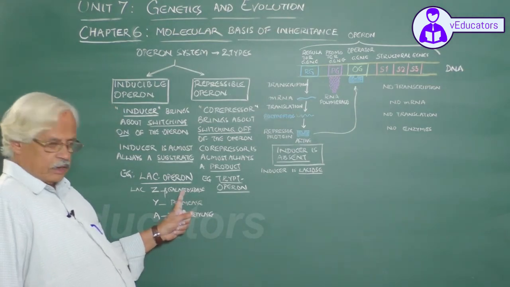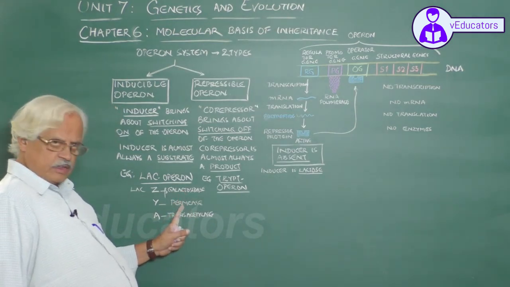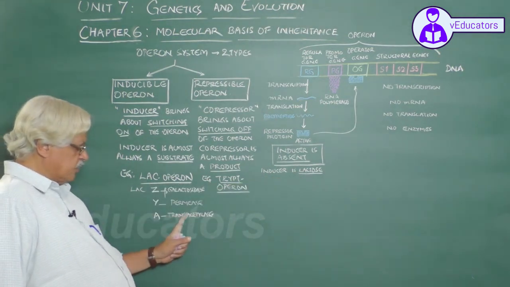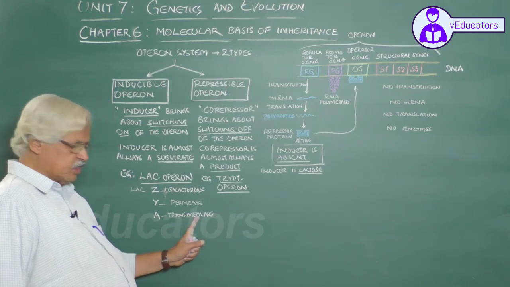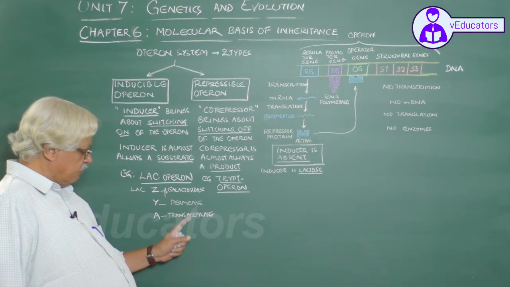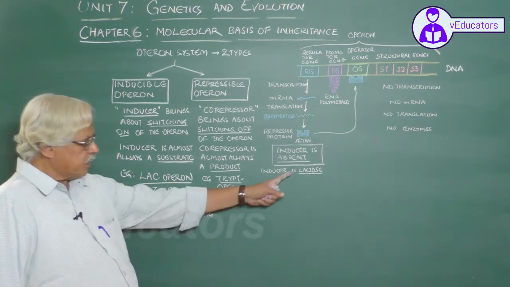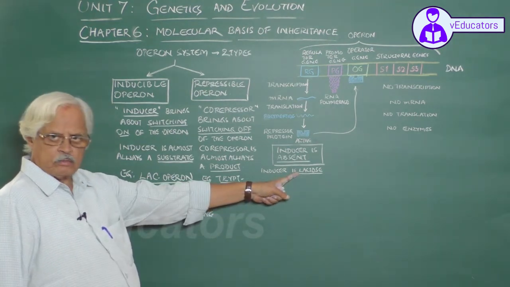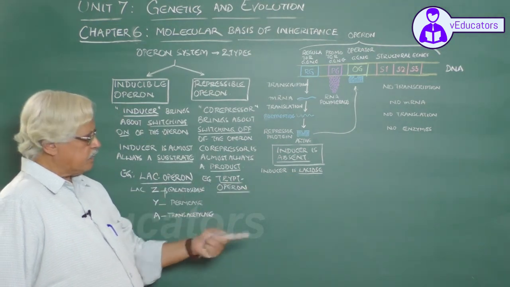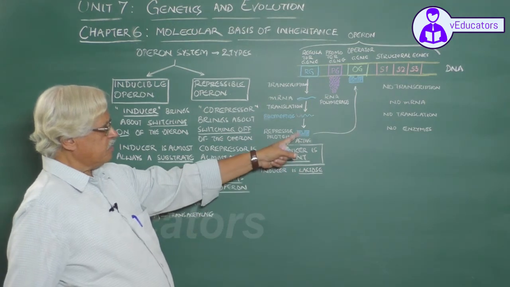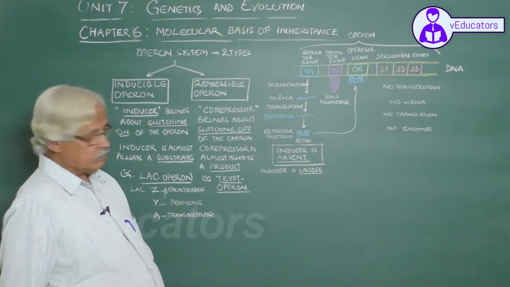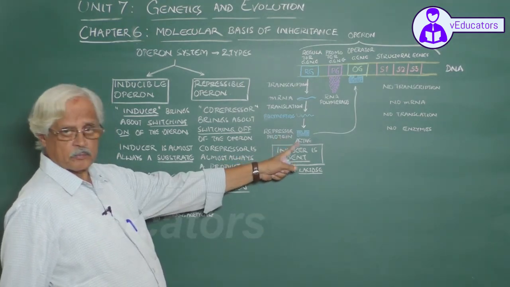Galactosidase breaks down lactose. Permease increases the permeability of the cell membrane to lactose. Transacetylase transfers the acetyl group. So when all these 3 enzymes are available, the bacterial cell can break down lactose. So when lactose is available, what happens? The lactose molecule binds with the repressor. Repressor becomes inactive.